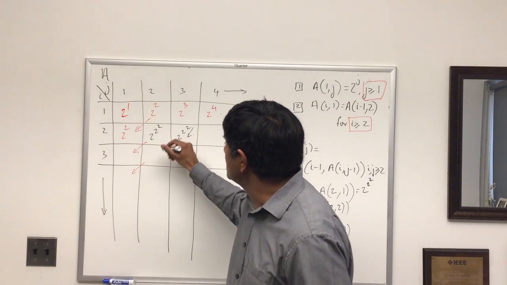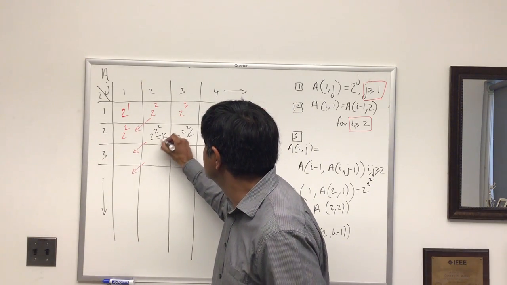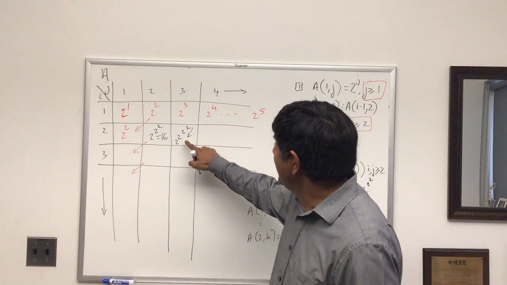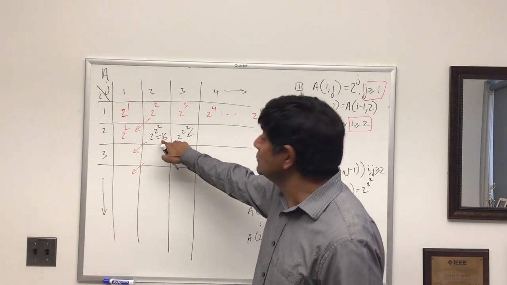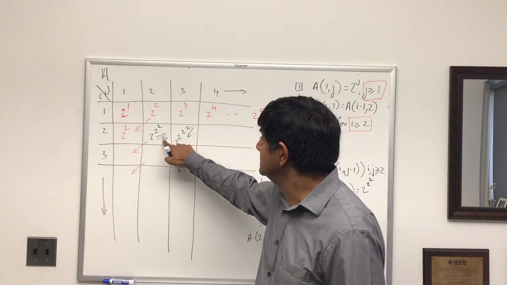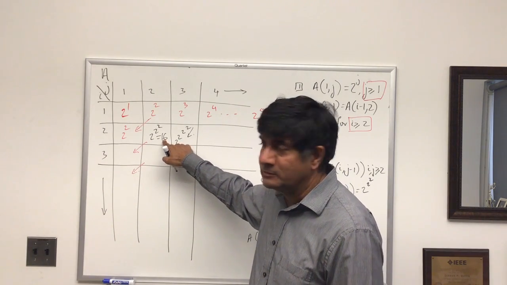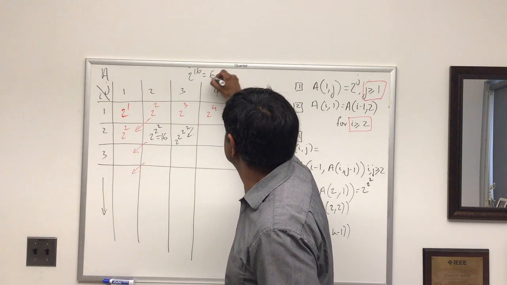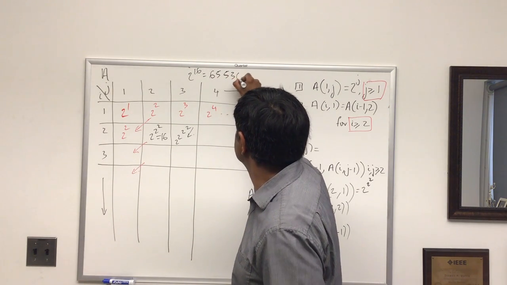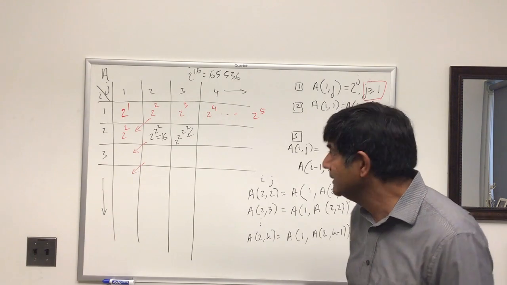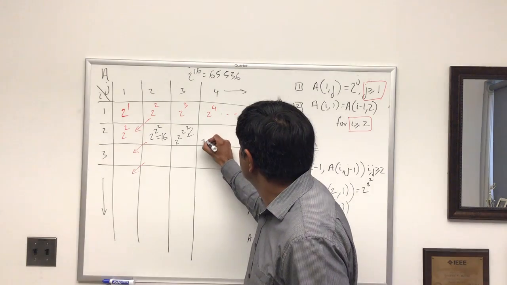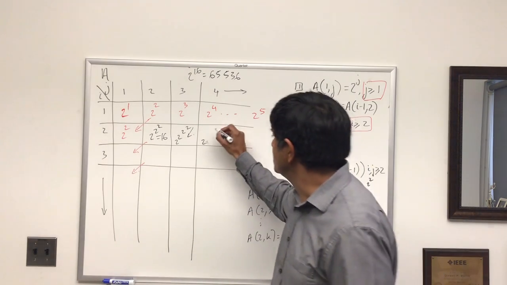Right, and then 2 to the power 4 is 16. So that's what you get there. And then this would be 2 to the power 16. Okay, which as a good computer scientist you should know is 65,536.